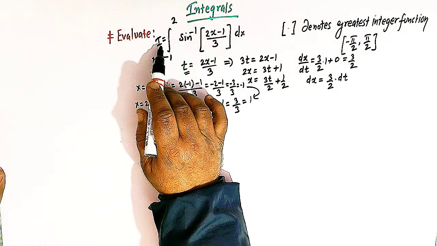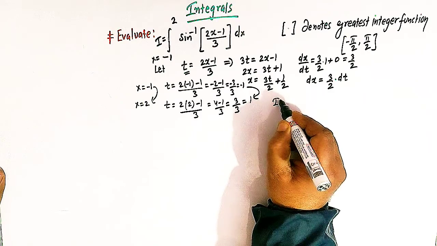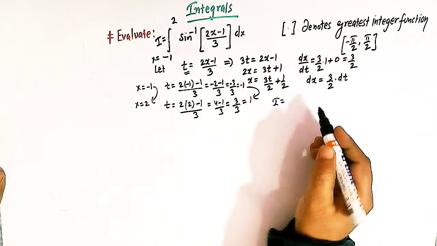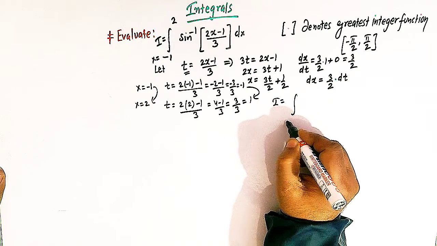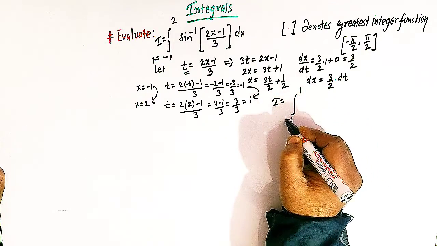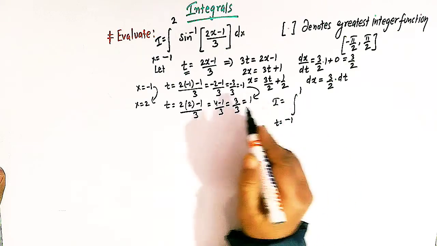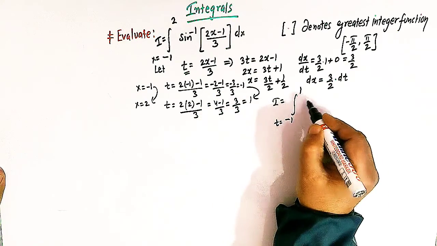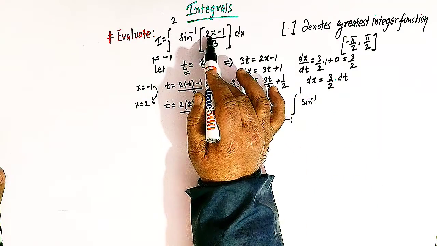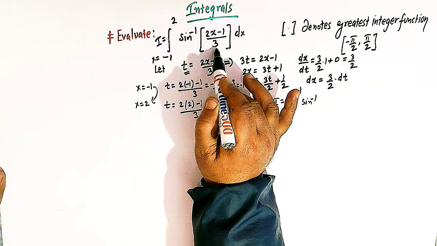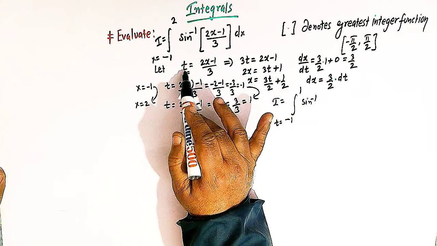So let us rewrite this integral I in terms of t. We have here -1 to 1, because t varies from -1 to 1, and we have sine inverse of greatest integer of (2x minus 1)/3, which is t.